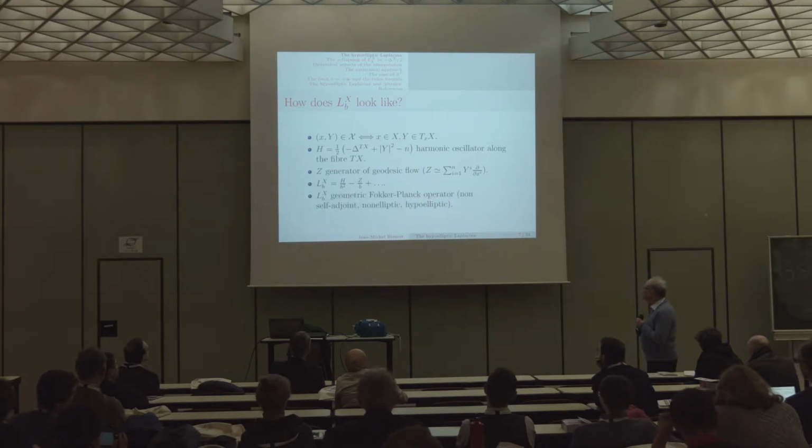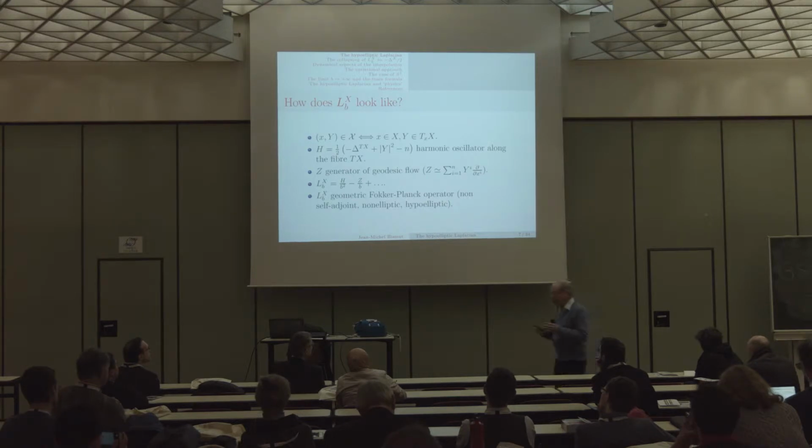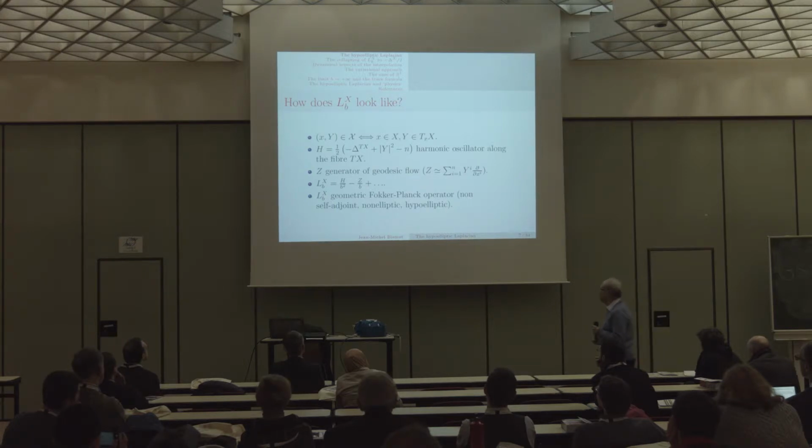So, as you see, the operator is obviously not visually a deformation of the geodesic flow. If you make b tend to 0, you will not see a deformation of the Laplacian. As b tends to 0, this operator does not obviously deform the Laplacian on the base. Such an operator is known in the context of statistical physics as a Fokker-Planck operator.